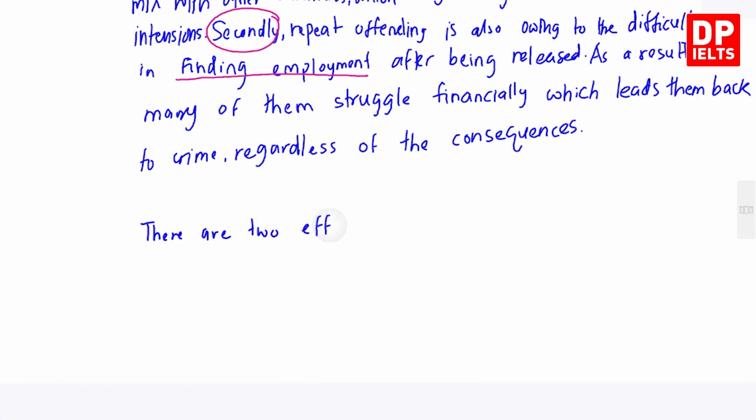There are two effective solutions to the problem of repeat offenders.